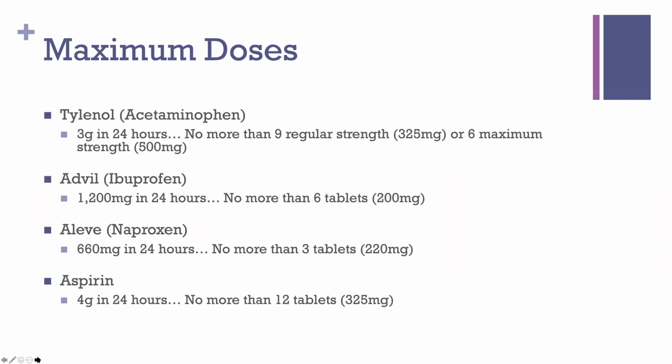Maximum doses, we talk about Tylenol no more than 3 grams in 24 hours. And this is FDA regs. Ibuprofen, 1,200 milligrams in 24 hours. Naproxen, which a lot of people don't know, it's a 220 milligram tablet. You don't need to take more than 3 of those in 24 hours.